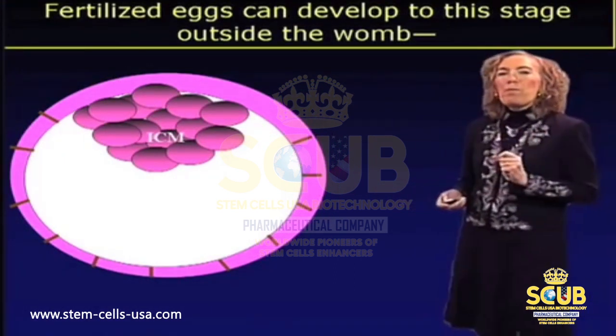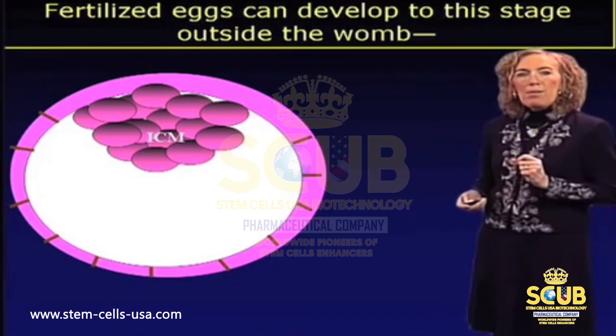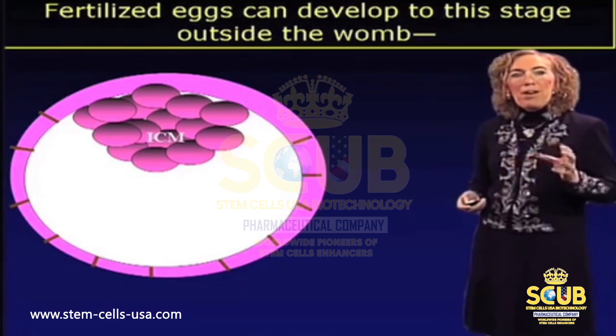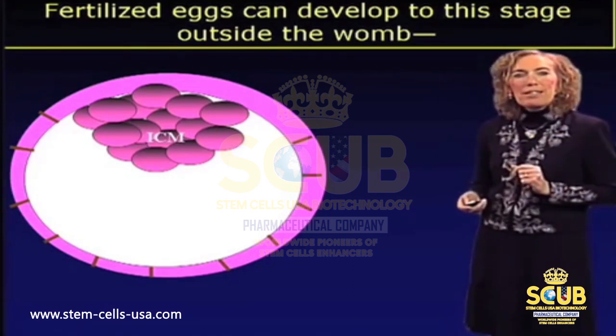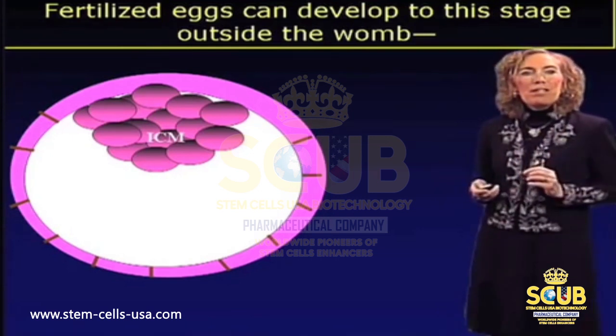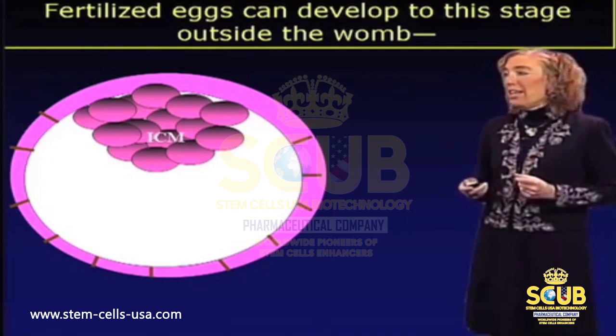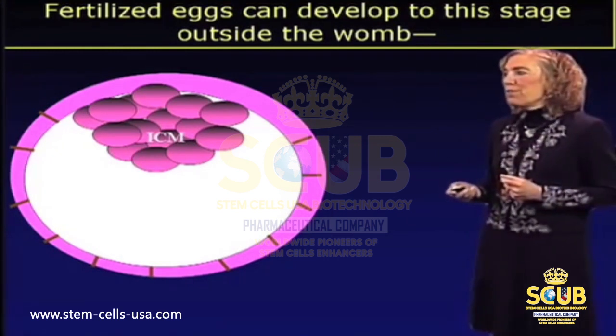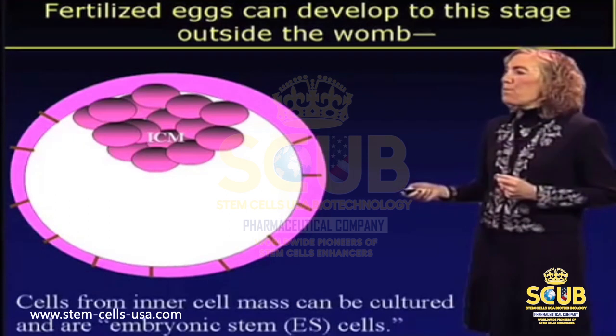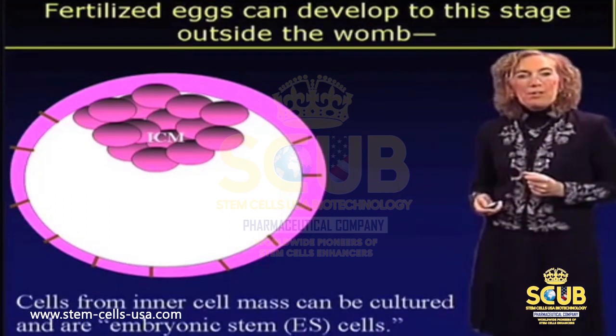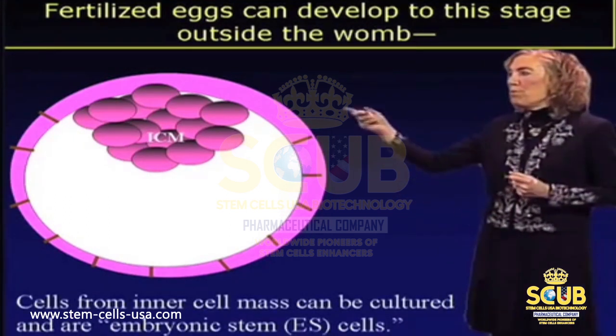So another remarkable capacity about embryonic stem cells and about early stages of embryogenesis is that all of this development can happen outside the womb. This can happen in a tissue culture dish. So cells from the inner cell mass can be removed.